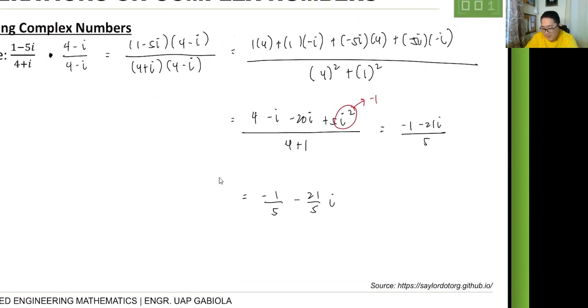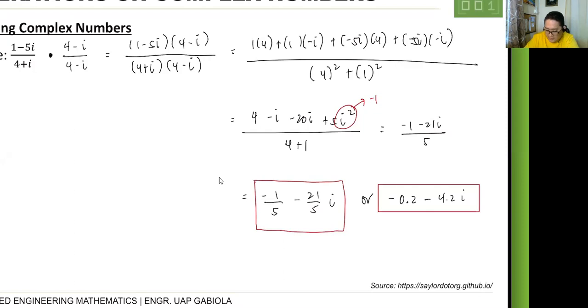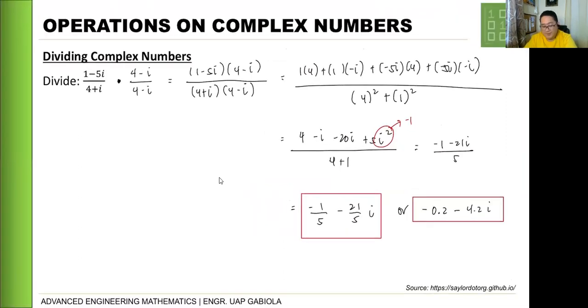This can be our final answer. Or we can change that into decimal form. That will be negative 0.2 minus 21 over 5, that is 4.2i. Okay? So, two answers are acceptable. Depende na lang sa choices kung halimbawa, multiple choice exam. Okay?